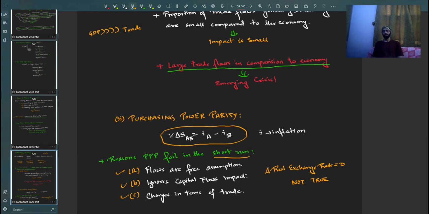The assumption that the change in real exchange rate is zero is not true. And this is the reason why purchasing power parity in itself, especially in the short run, does not show itself directly in the exchange rates, right?